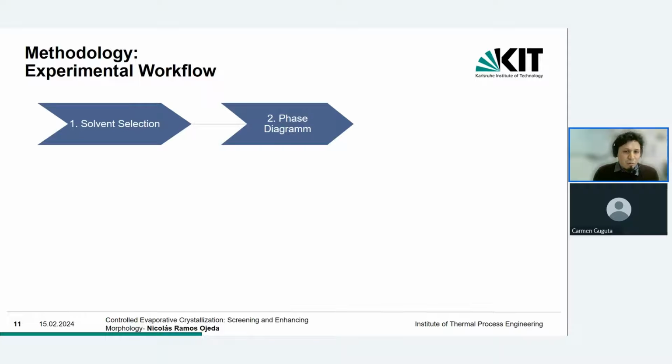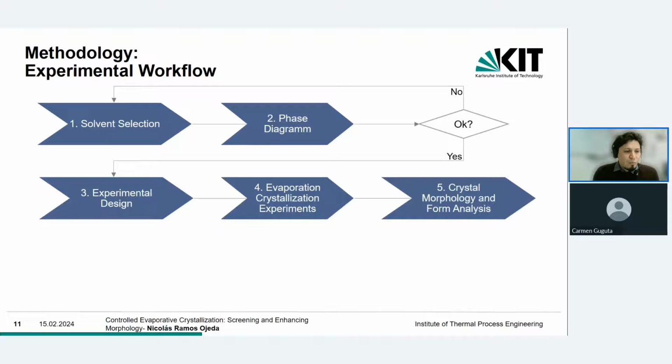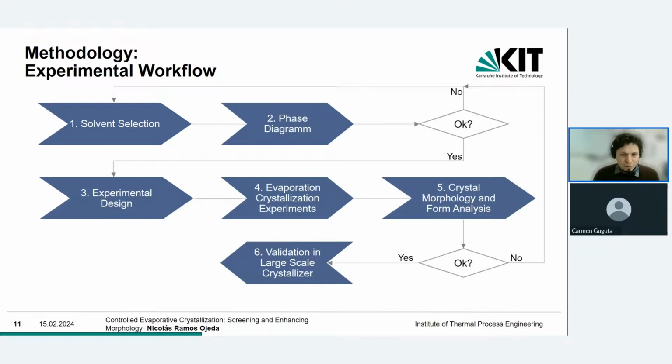So in our workflow, we incorporated these very preliminary steps like solvent selection and the construction of the phase diagrams. Following that, we create the experimental design, perform the evaporative crystallization experiments, and afterwards evaluate the crystal morphology and the polymorphism or crystal form. If we identify process conditions that give equant-shaped crystals, then we can proceed to evaluate the feasibility of upscaling.